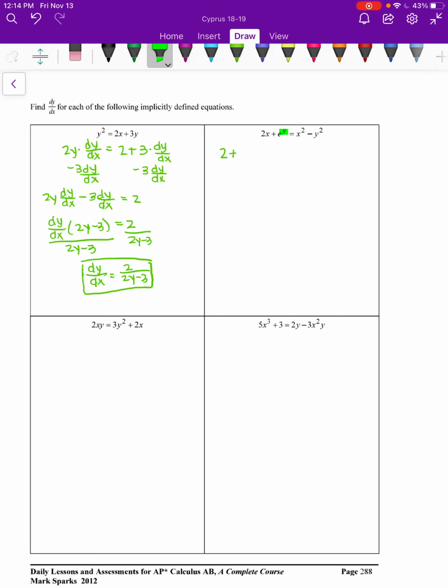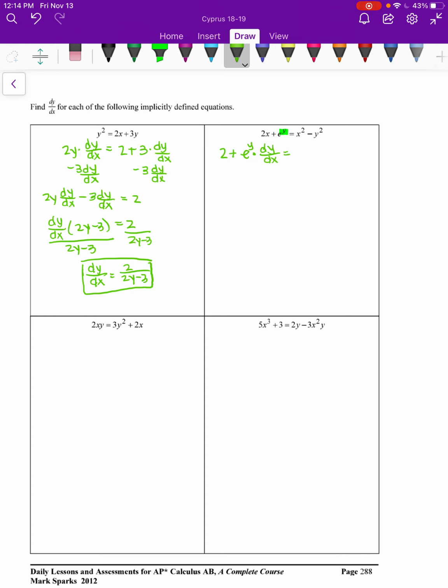It still is considered an inside function. So when we take the derivative of this, we're going to have to multiply by the derivative of y, which is dy dx. So this derivative is e to the y, the derivative of the outside, e to the y, is just e to the y, times the derivative of that y, which is dy dx.